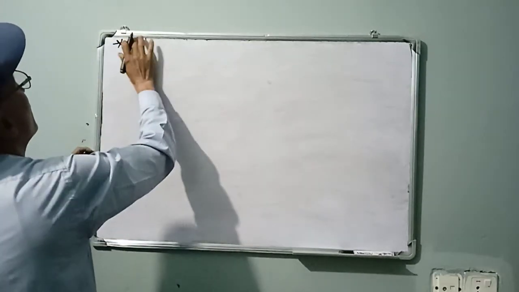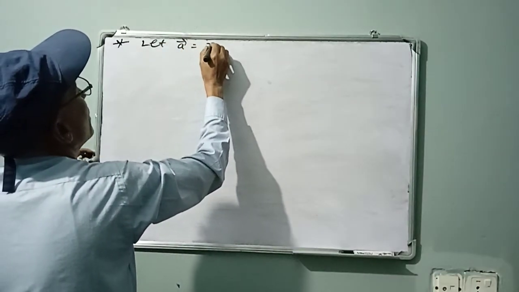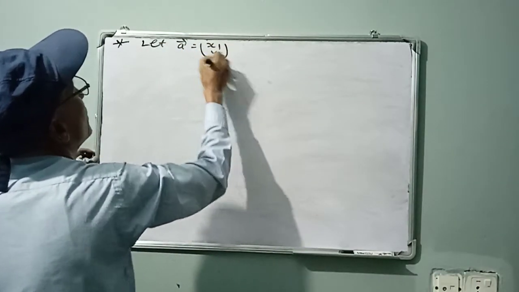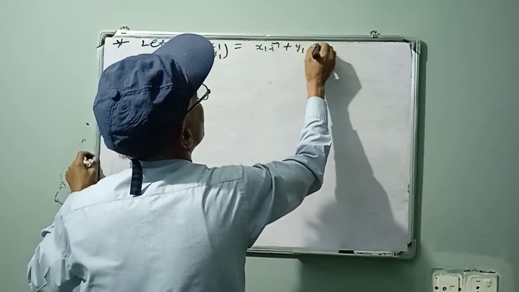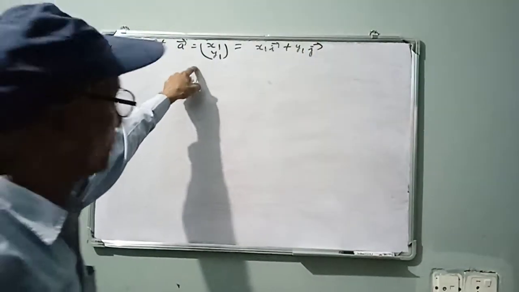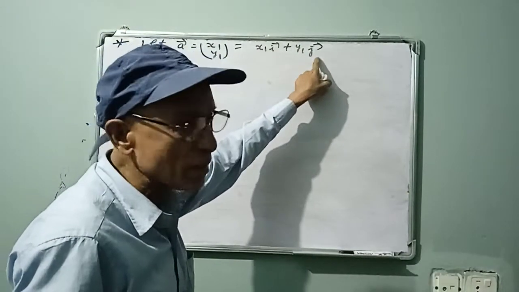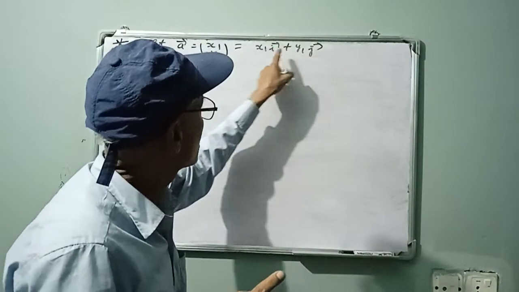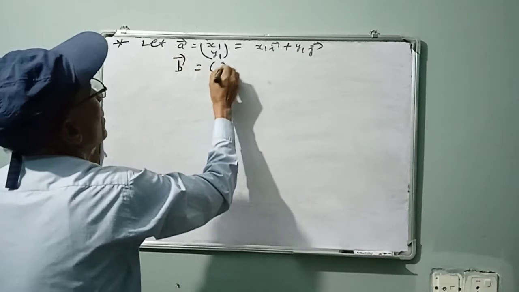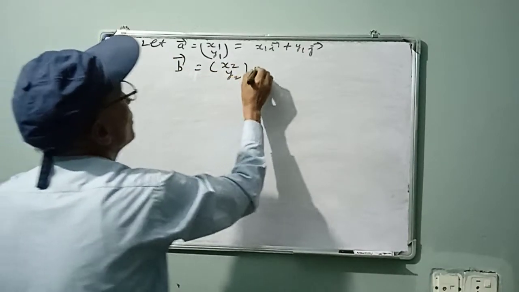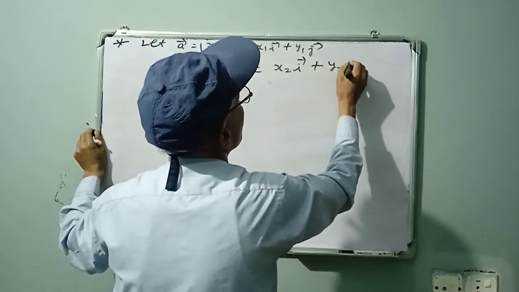Notation. Let vector A equal (x1, y1), or you can write x1 i plus y1 j, where i and j are unit vectors along the x-axis and y-axis, and another vector B equal (x2, y2), like x2 i plus y2 j.